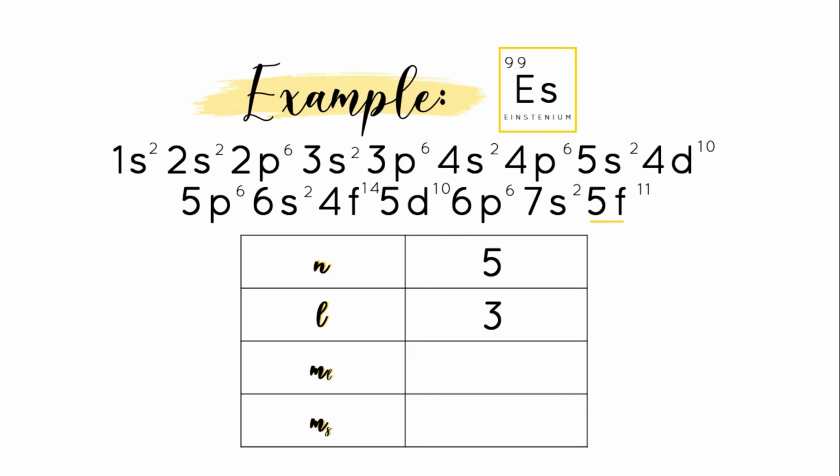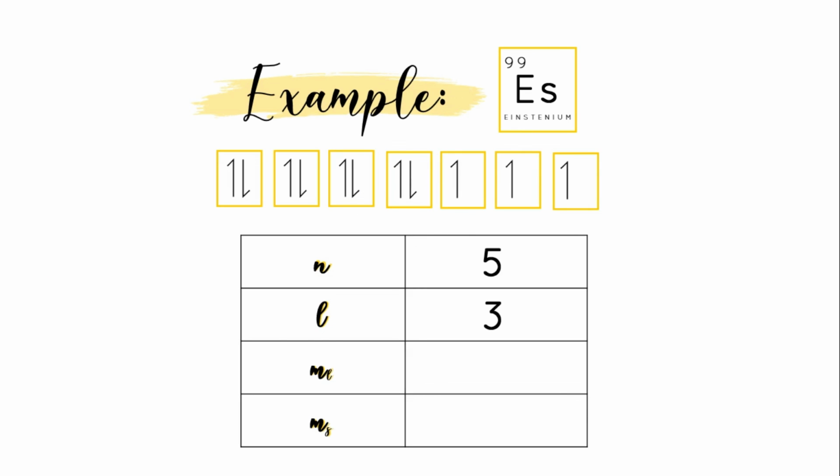For our m sub l, or magnetic quantum number, we're going to use the orbital diagram. We need to label our boxes, starting off from -3, -2, -1, 0, 1, 2, and 3. Our valence electron is this, the one pointing downward.